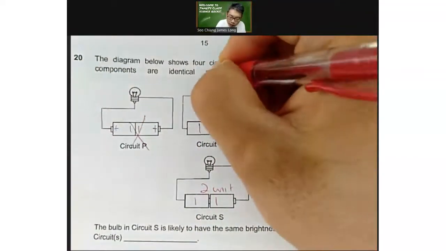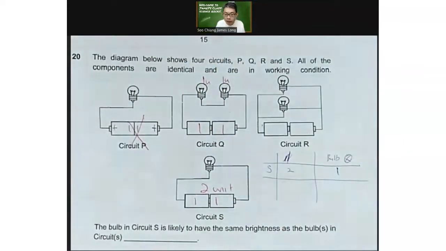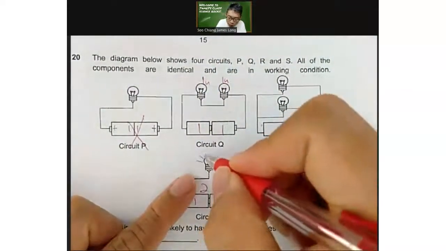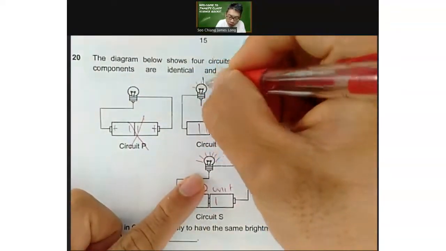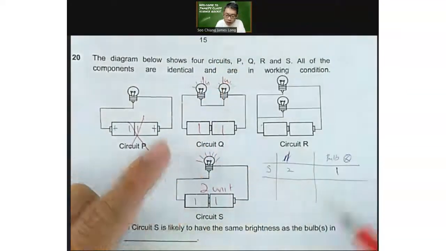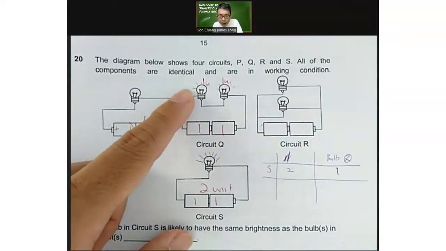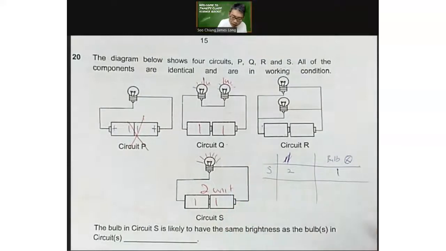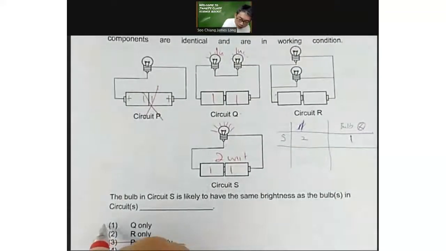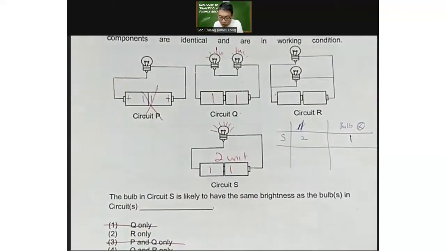This is also 1 unit, 1 unit. So this has 2 units of brightness. This bulb here is actually the combine of these 2. So each one actually is less bright. Each bulb here is less bright than this. So Q cannot be the answer. Q is not the answer for question 20.